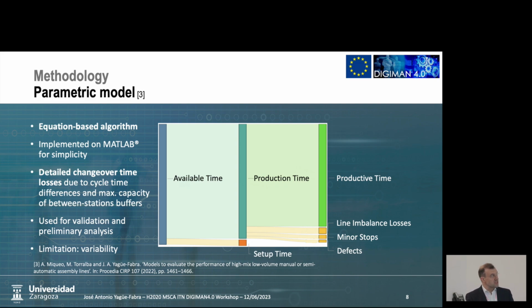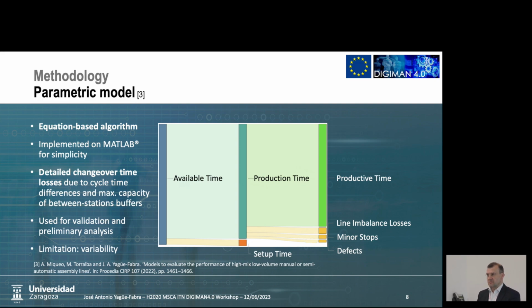We also use this model, very similar to OEE, I was saying before. From the available time, we get the production time, and by removing the losses, the manufacturing losses, then we can get the real productive time. With all that together, we made this first model, which was good.